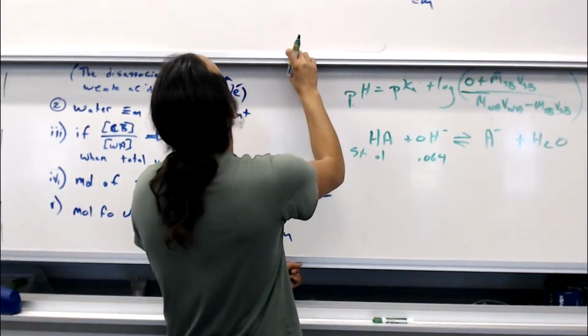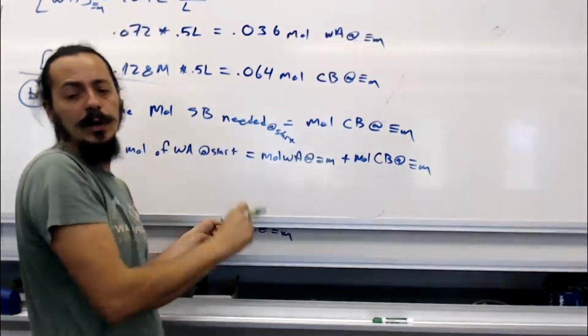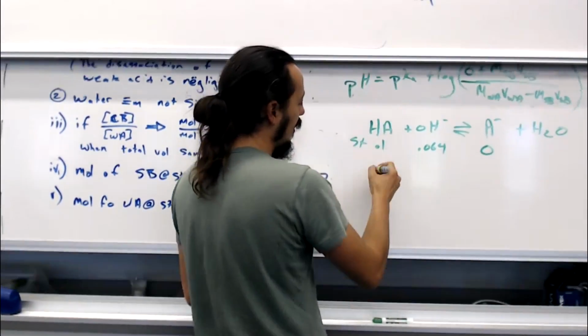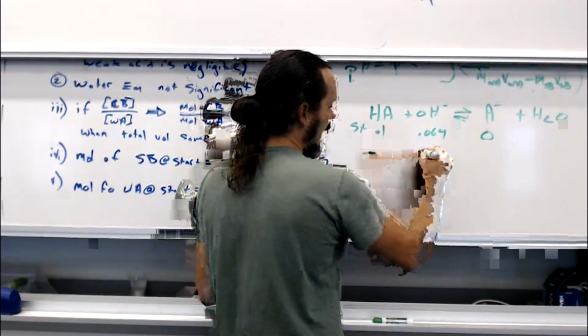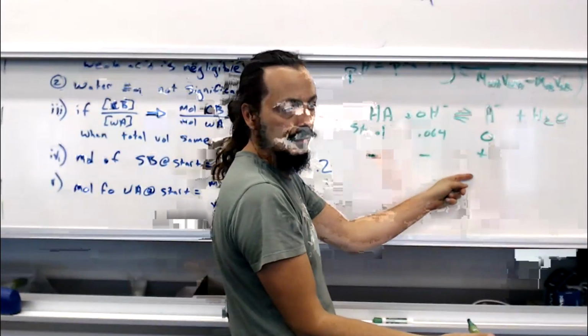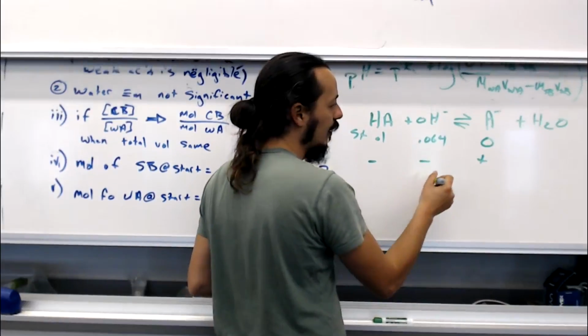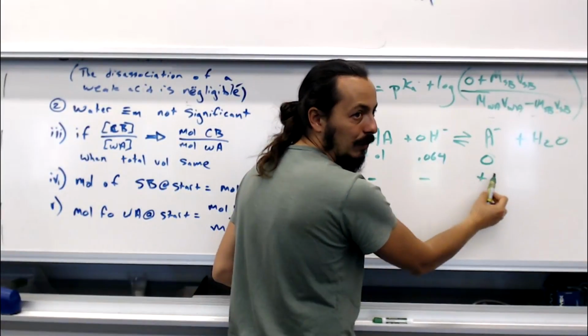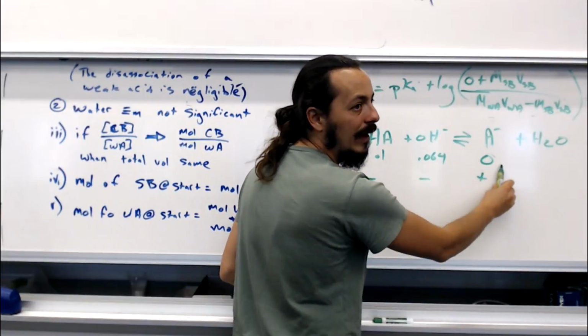I've got the number right up here, 0.064. And we had 0. Then we had minus, minus, plus, right? We have 0 plus whatever this number is. On the midterm, that wasn't 0. That had some numerical value associated with it.